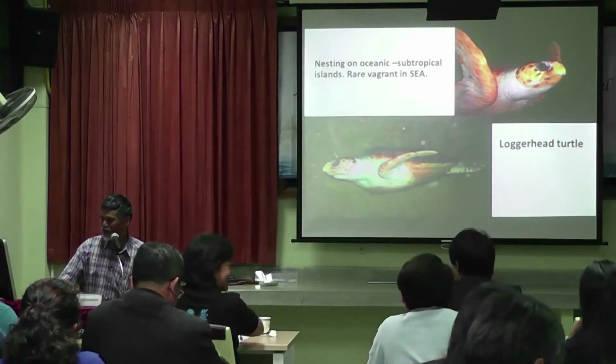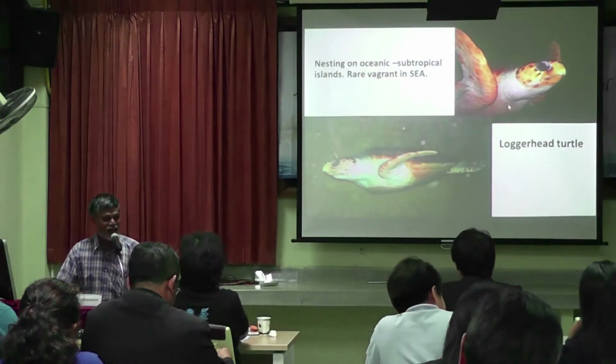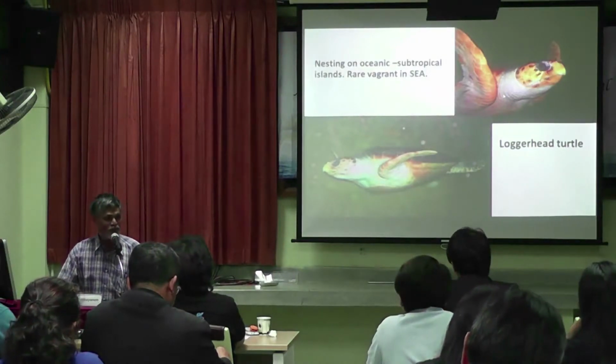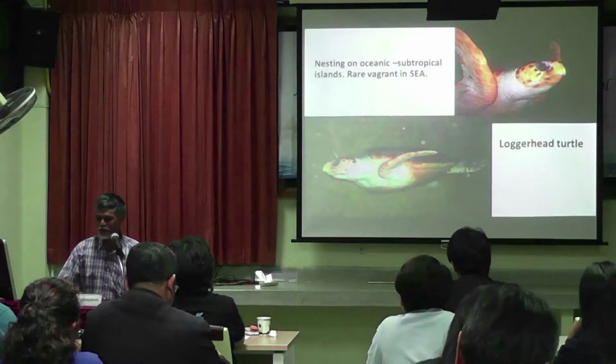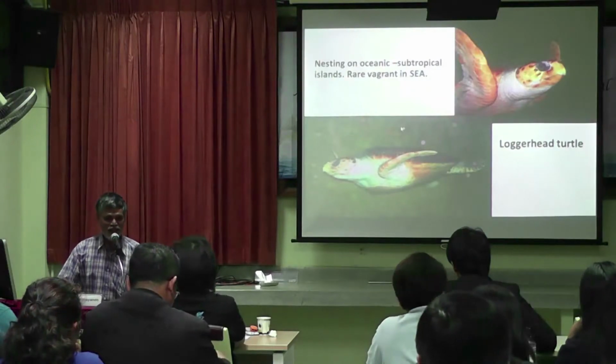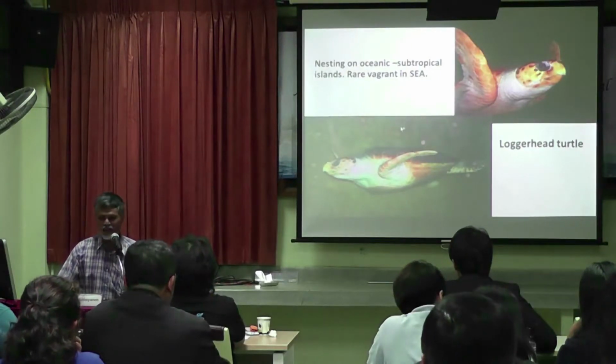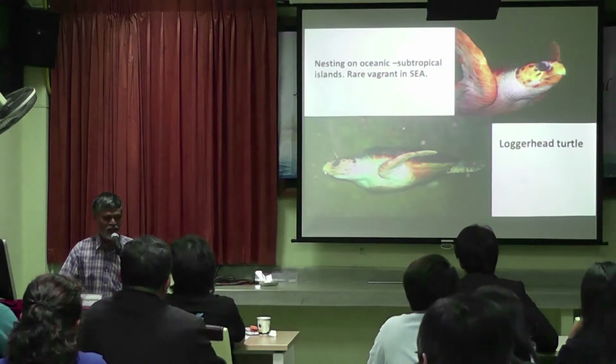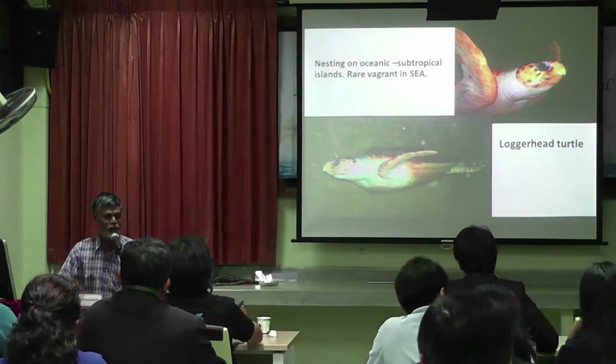Their food is big crustaceans, expensive things like spiny lobster. They love to eat spiny lobster and other big crustaceans. They use their strong mouth to crush the shell, and they also eat some mollusks too.